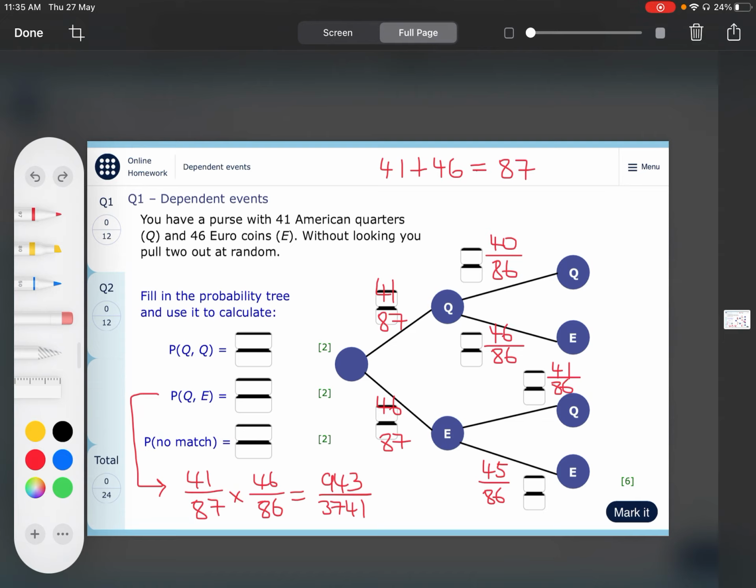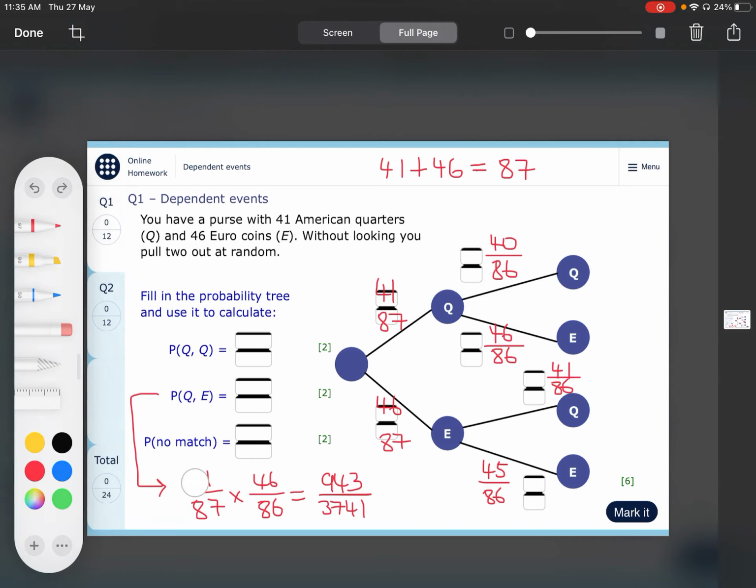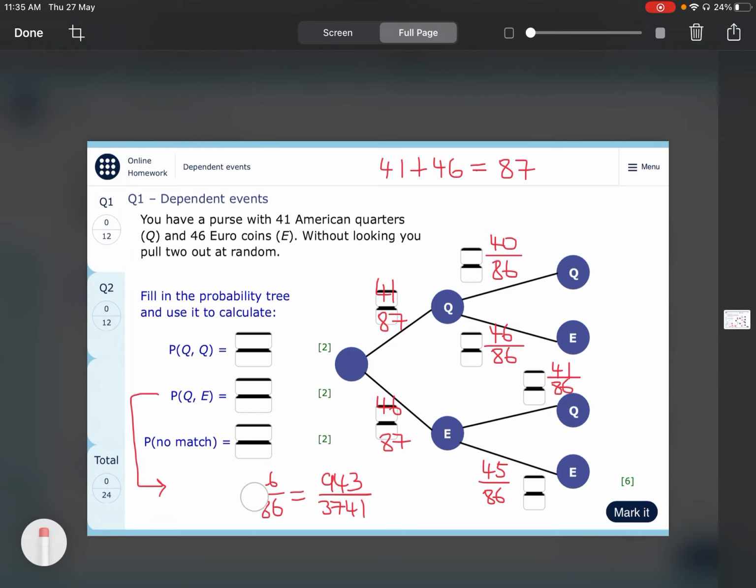Now, if we do EQ, we're going to get 46 over 87, so it's a slightly different calculation. We know QE is 943 over 3,741, so I'm just going to leave that there.